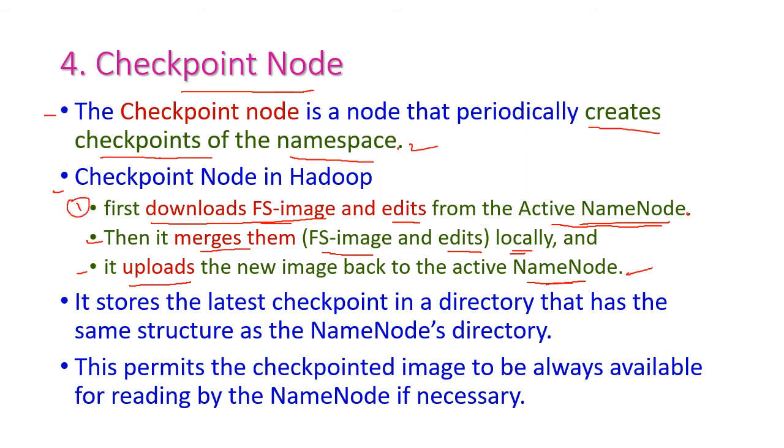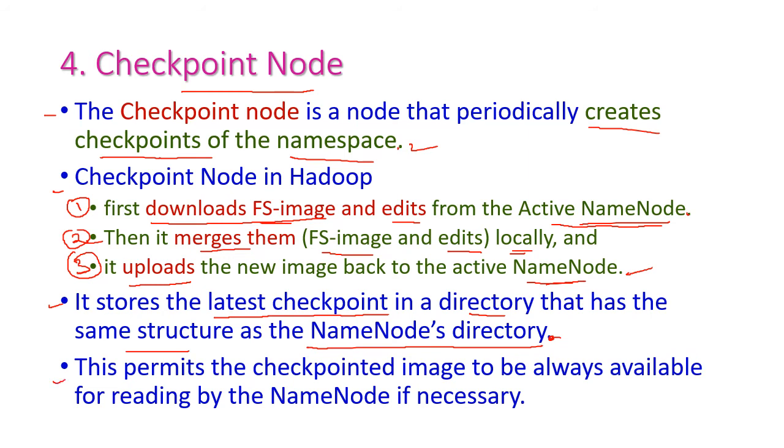It will do three things. First, it will download the FS image and edits from name node, second, it will merge the FS image and edit log files locally. After that, the updated one will be uploaded to the name node. It stores the latest checkpoint in a directory that has the same structure as the name node's directory.